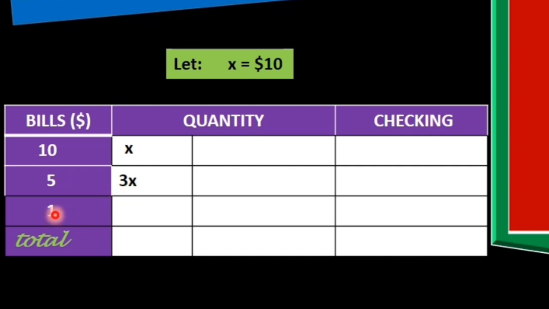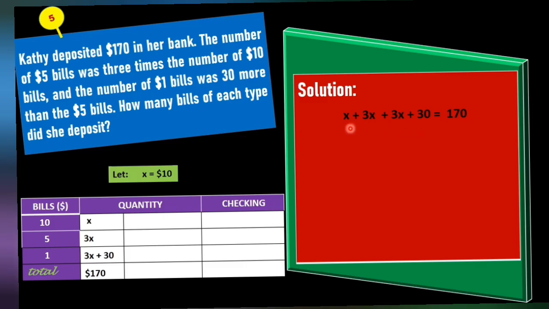And the number of $1 bills was 30 more than the $5 bills. So what is $5 bills? 3x. So this is the equation. 3x plus 30. And the total of these three is equal to $170. So here's the equation.